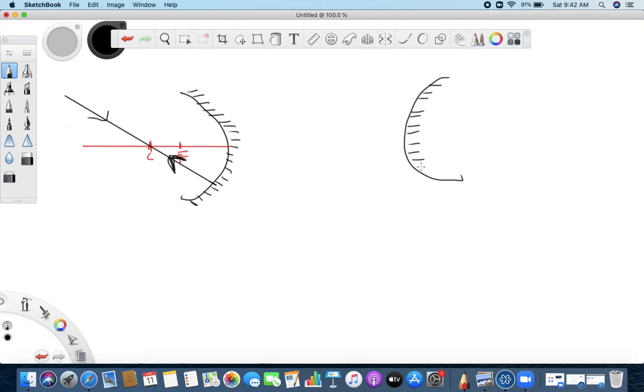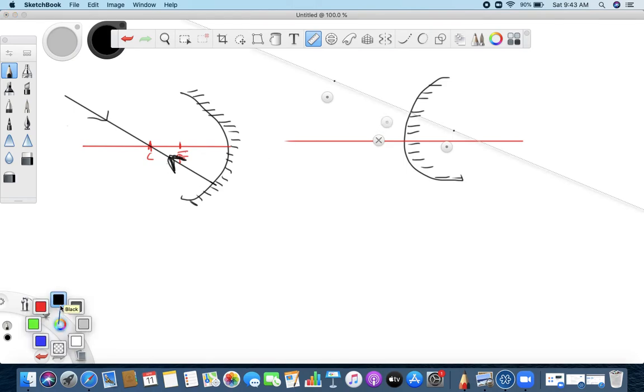So let me draw a convex mirror and I'll show you. This is your principal axis, and suppose this is your incident ray.